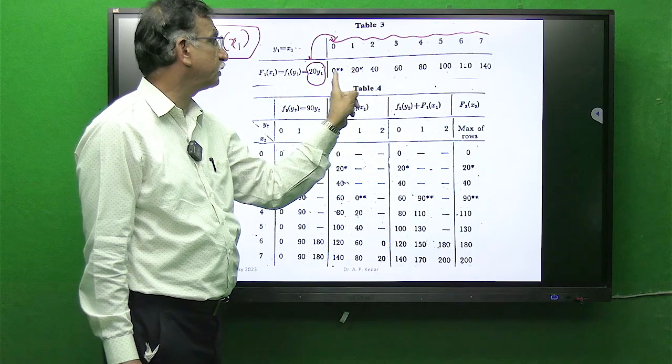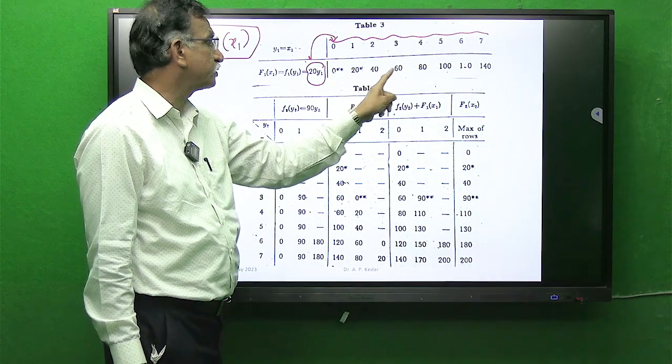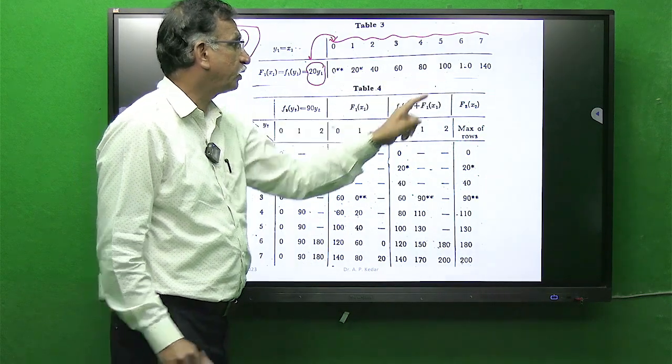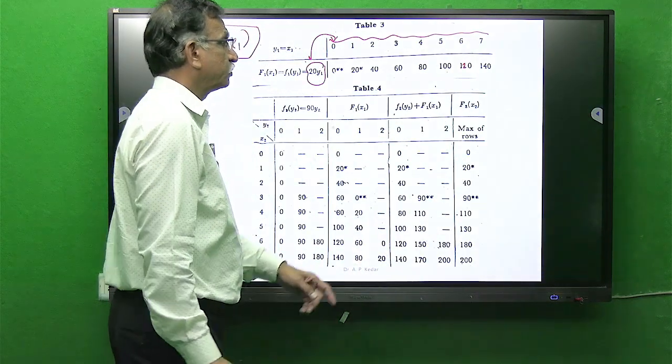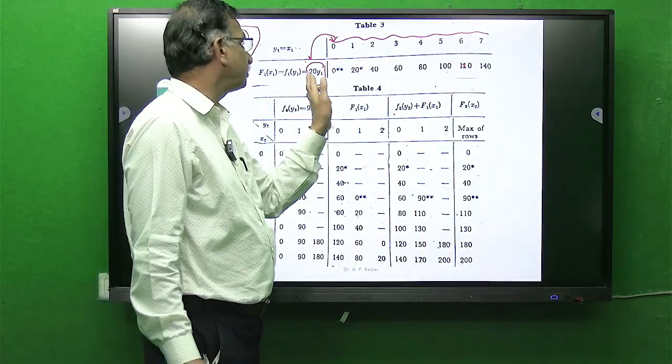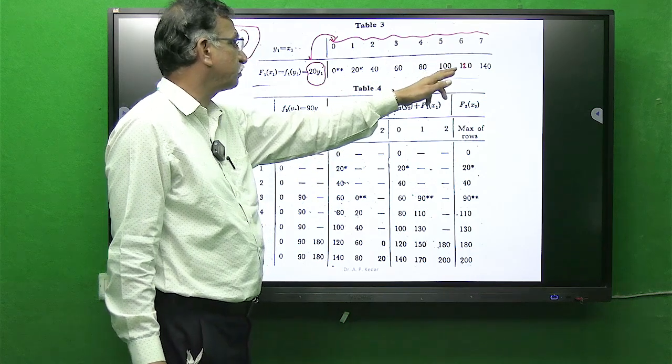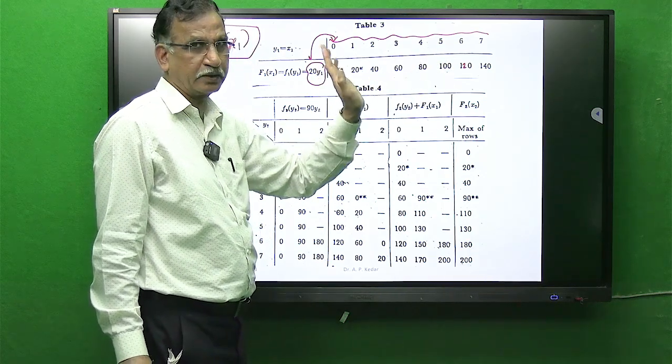There we get these values 0, 20, 40, 60, 80, 100, 120 and 140. Simple: 7 into 20 is 140, 6 into 20 is 120, 5 into 20 is 100, like that.